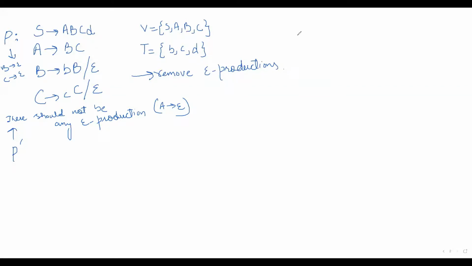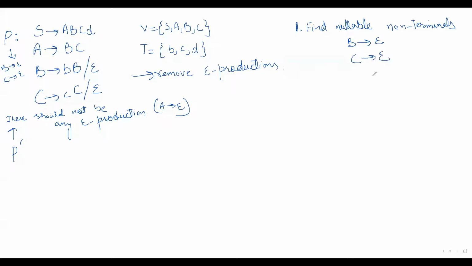And what is the procedure? The first step is to find nullable variables, or we can say nullable non-terminals. You can see here, B is a nullable non-terminal because B gives epsilon. So B is nullable. C is also nullable.